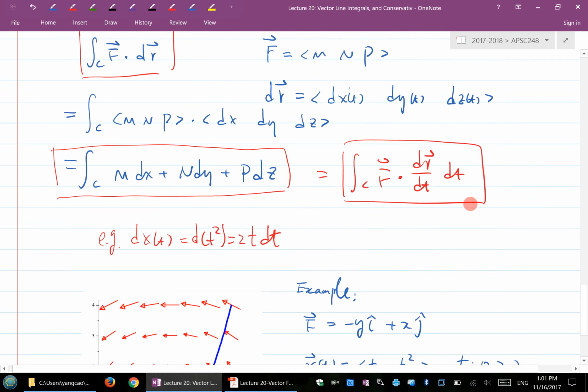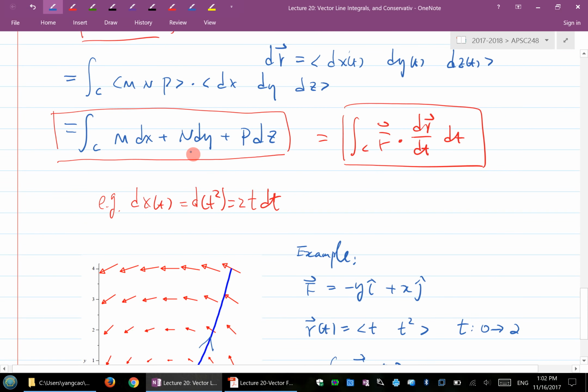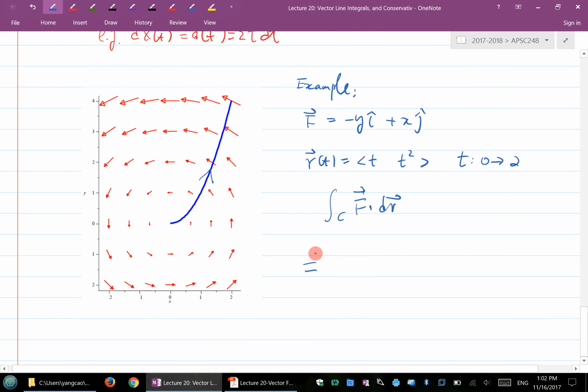To calculate this vector line integral, essentially, you can start from any one of these formulas. You can start from here or here or here. It really doesn't matter. For this one, I'll just illustrate how you can go from here. Now this formula is for 3D. You have a dz and p here, but this is a planar case, so you don't have that dz component.